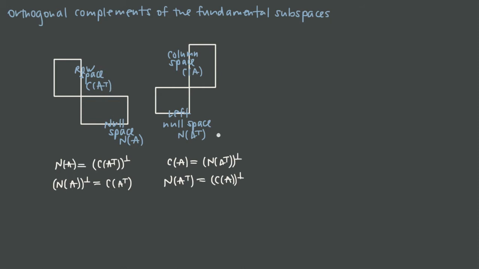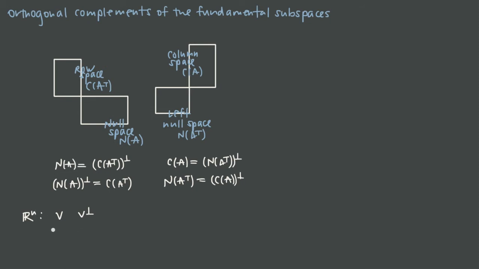The other thing that we know as a rule is that when we have a space and its orthogonal complement, the dimensions of those subspaces will always sum to the dimension of the space that contains them. Let's say we have V and V perp, and they are both in Rn.